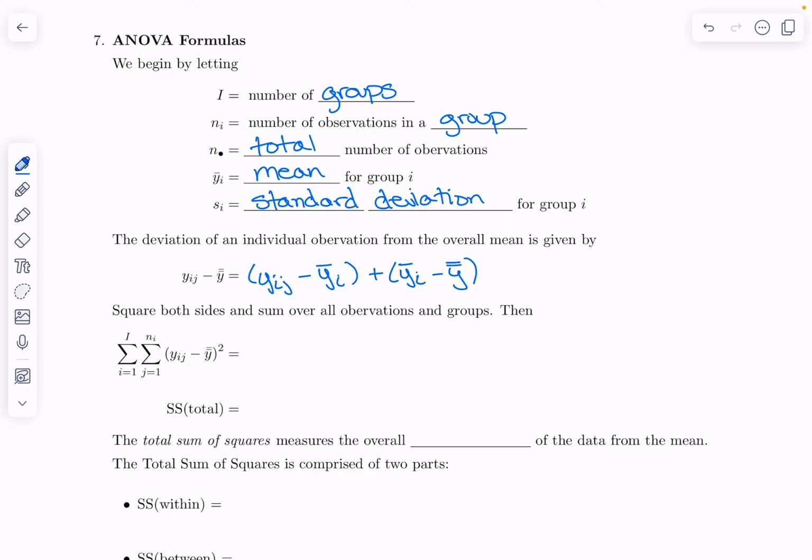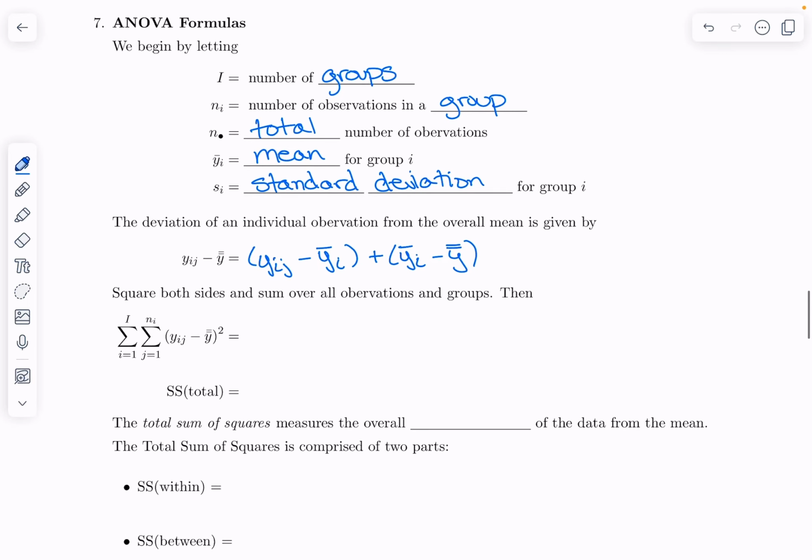Now what I'm going to do with this is I'm going to square both sides. And I'm going to square both sides so that I can create something that looks like a variance. Okay, so if I square both sides, I want you to notice that there are two pieces that I'm going to be squaring. There's this piece and this piece. And I'll refer to them as A and B. Okay, and I want to square them. Well, how do you square them?